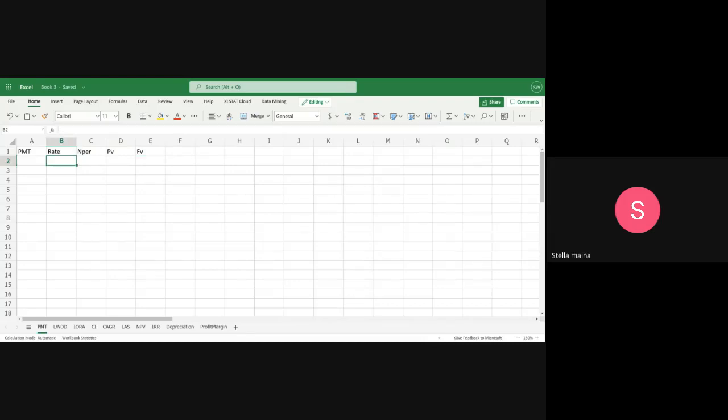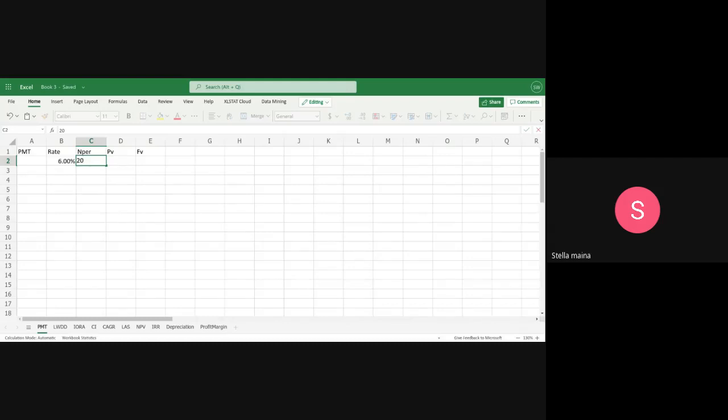With the annual, we have been told that our interest rate is 6%. Our total number of periods, in a 20-year duration, is 20 years.